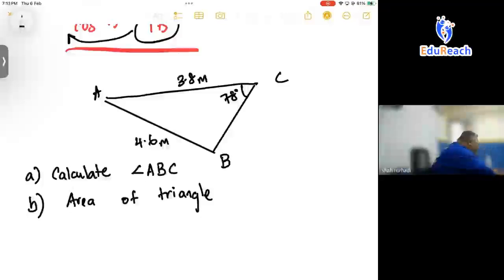Isn't that the increase? So that means this is not like 65.